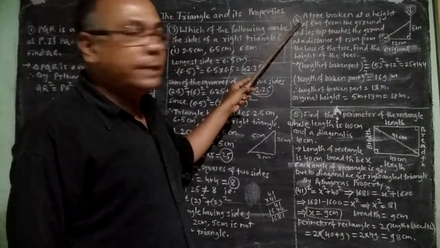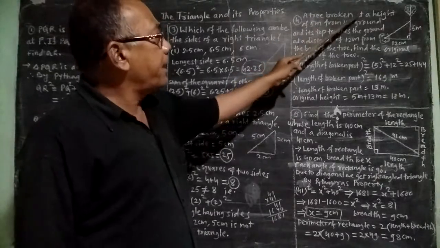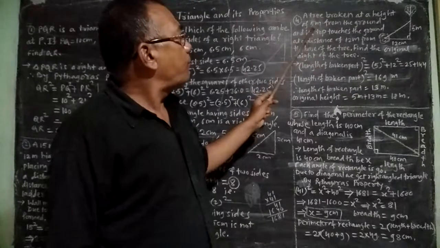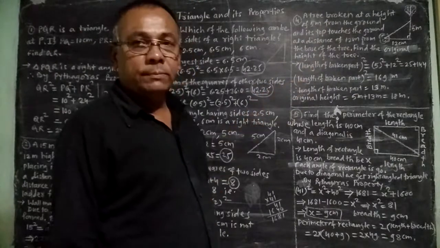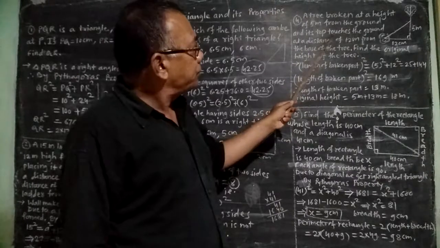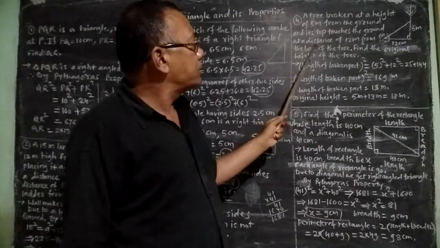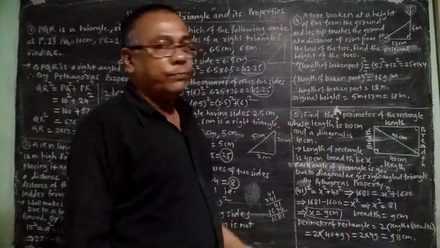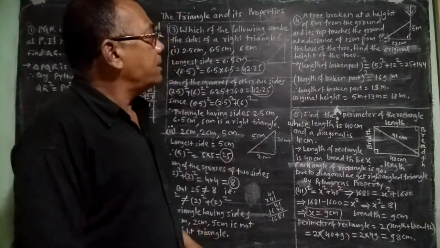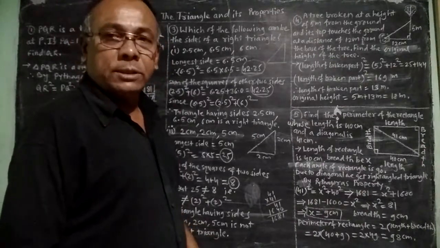In this example it is given that a tree is broken at a height of 5 centimeter from the ground, and its top touches the ground at a distance of 12 centimeter from the base of the tree. Find the original height of the tree.